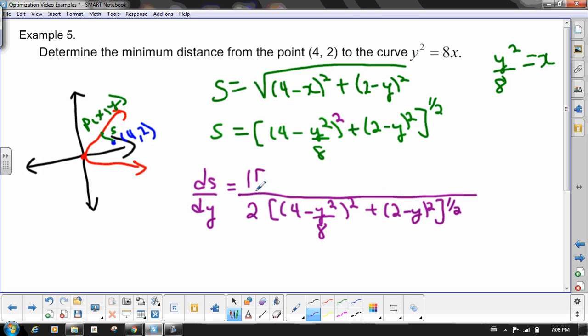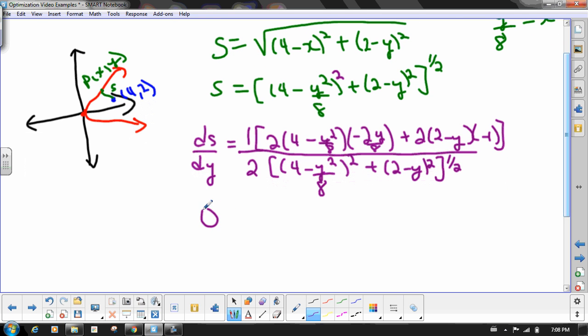So now I'm going to use my chain rule and take the derivative of the inside. So I have a 2, (4 minus y squared over 8), multiplied by the inside, which is minus 2y over 8. Moving on to the second term, 2 multiplied by (2 minus y), multiplied by minus 1.